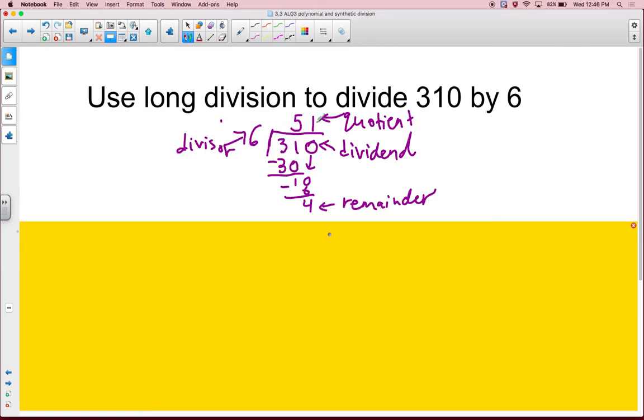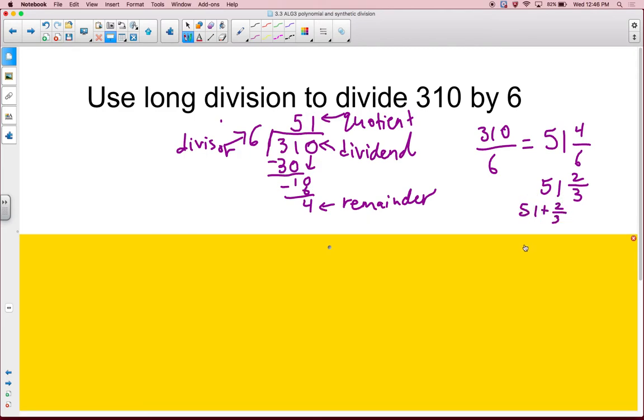So if we were going to write this out, most of us should be able to tell that 310 over 6, my dividend over my divisor, was going to be equal to 51, and our remainder was 4 over the divisor 6, which can reduce obviously to 51 2/3. And we know that actually this can be written as 51 plus 2/3. That's the same thing. Okay?